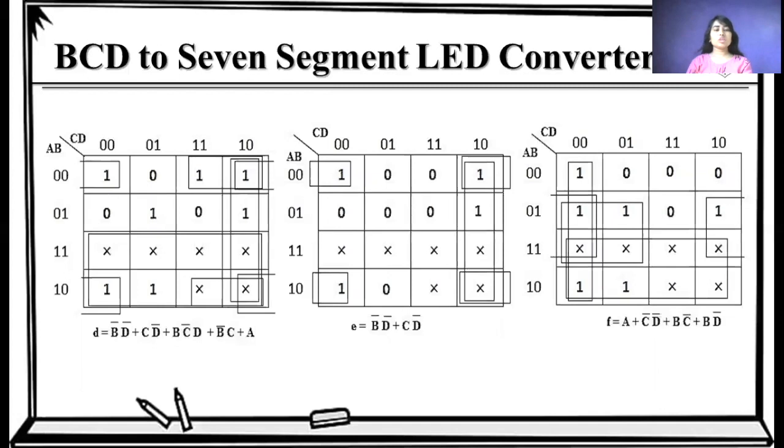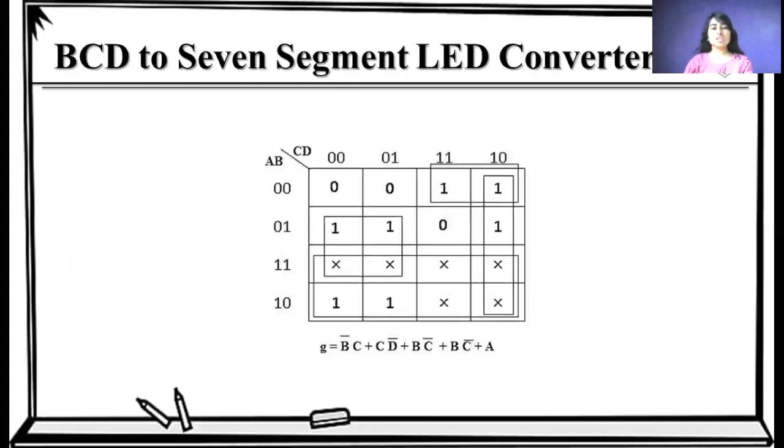Then we have the equation for D. D is equal to B'D' plus CD' plus BC'D plus B'C plus A. For E, we have the equation B'D' plus CD'. F is equal to A plus C'D' plus BC' plus BD'.